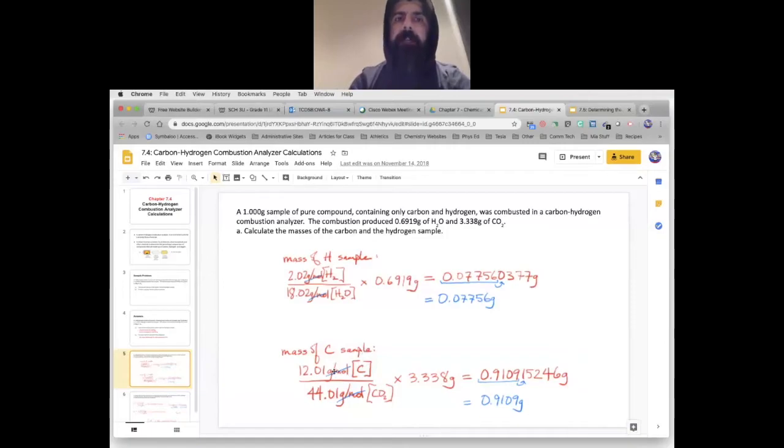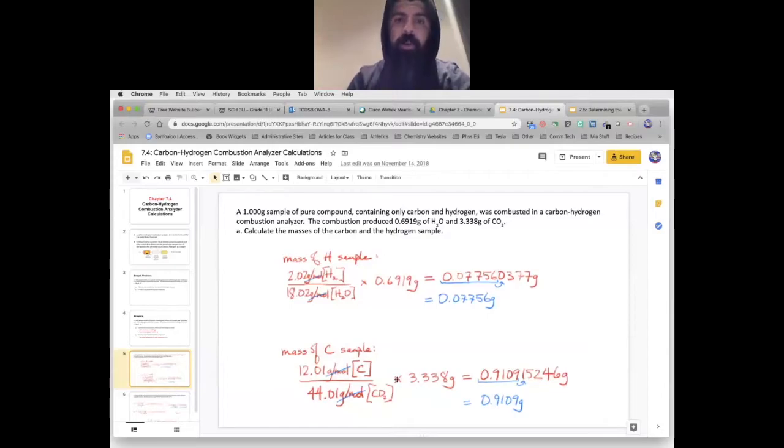Secondly, the mass of carbon sample here, we're doing the same thing, but in carbon dioxide. So we've collected 3.338 grams of carbon dioxide from our sample. But understand that a lot of that mass is made up of the oxygen that we were burning.